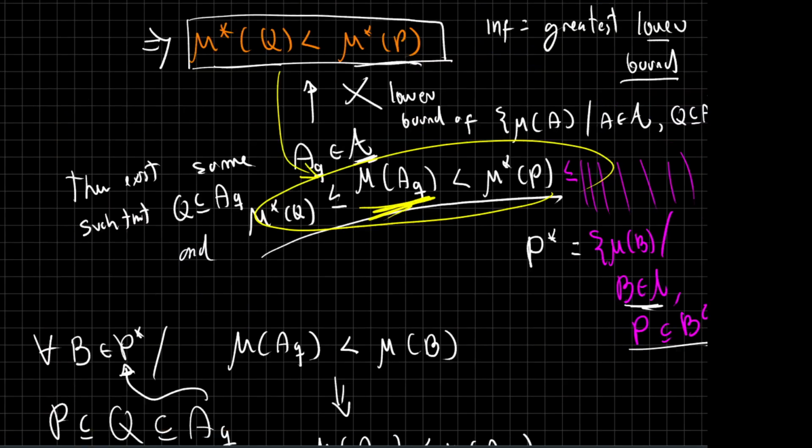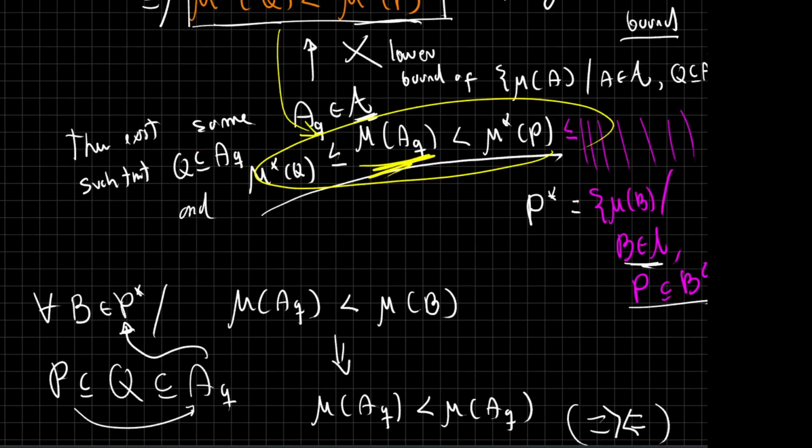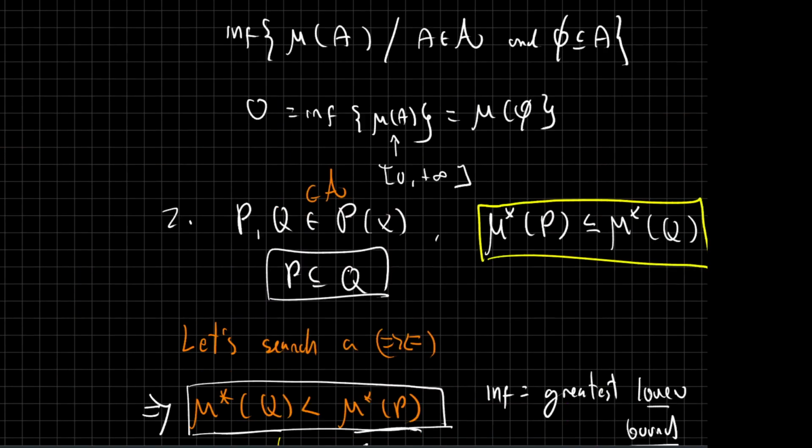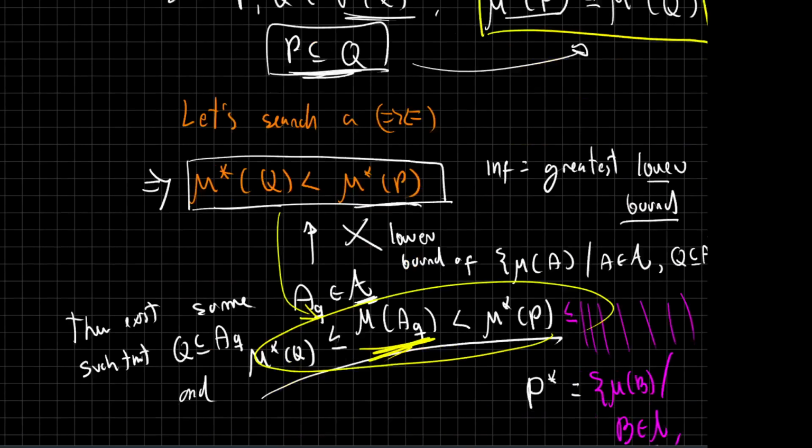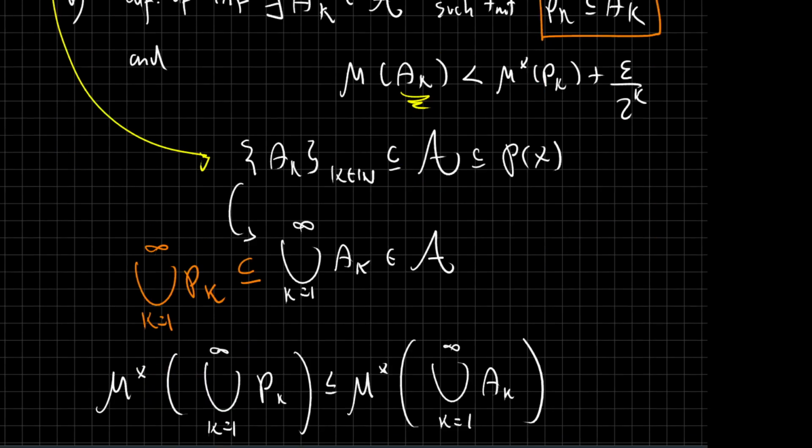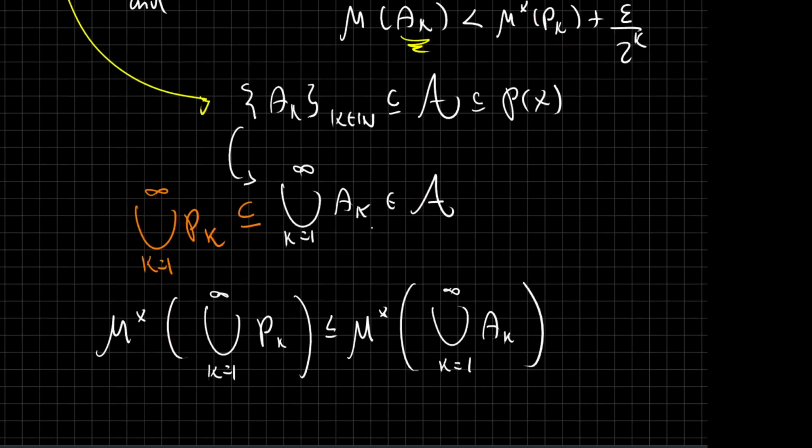Well, because of the second property that we proved here, right? If we have inside a power set something that is a subset of the other thing, this order is maintained with mu star. So we have two elements in the power set, one inside the other, so this holds.